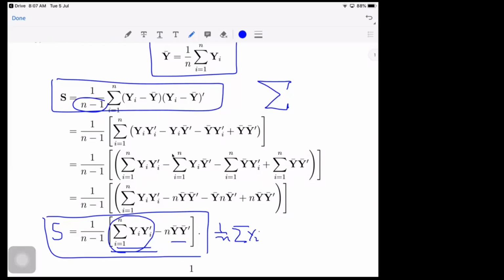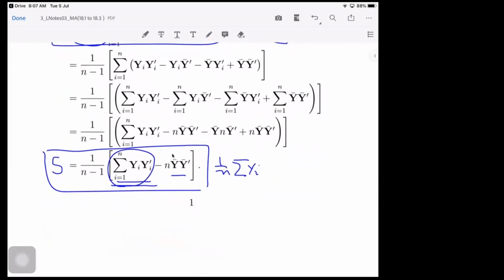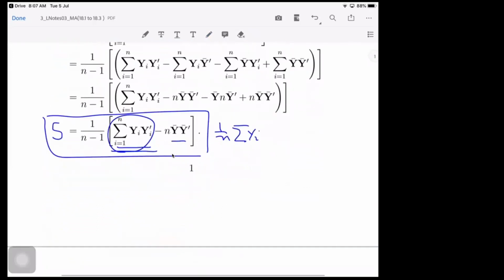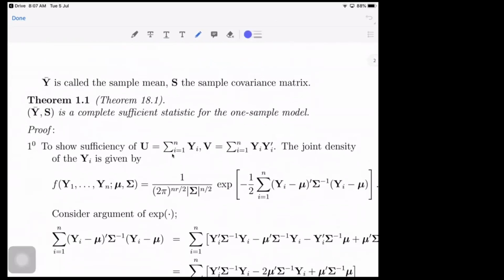We shall use these two components to use the factorization criterion and identify y bar and S to be jointly sufficient. So we call y bar the sample mean and S the sample covariance matrix.